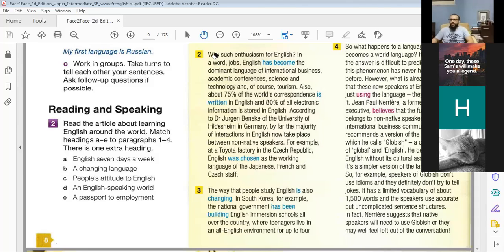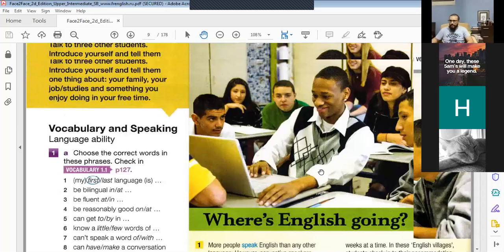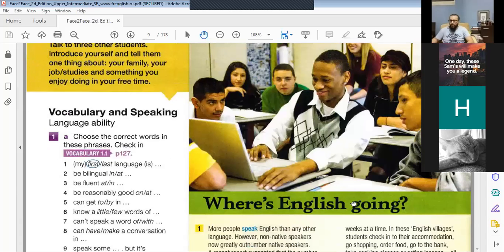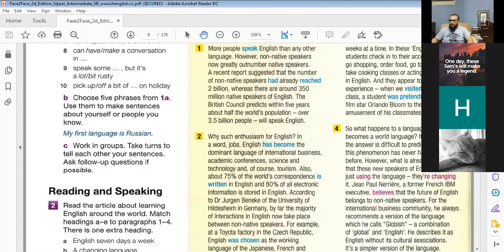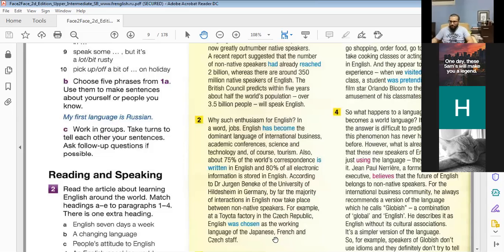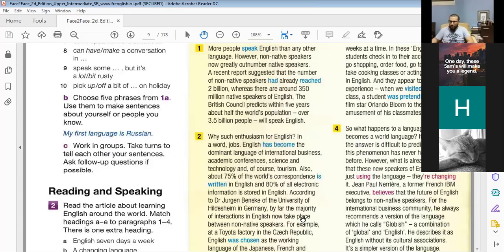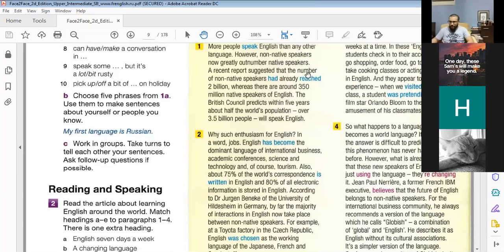Okay, great. So I'm going to give you some time to read this quite interesting article. The article is called Where's English Going? When you reach the bottom, I think, if I zoom out just a little bit, I can show the whole thing.